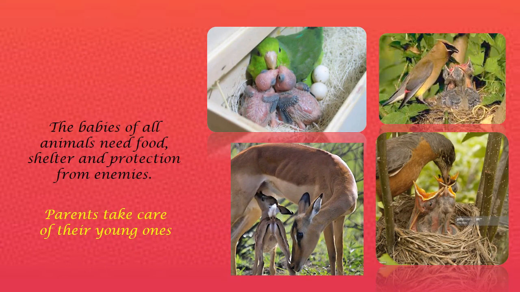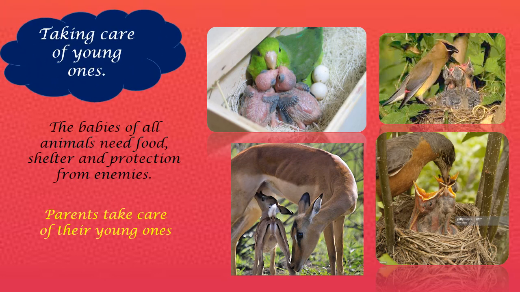Now, once the baby is born, what is the basic thing that has to be done? Taking care of the young ones. That is what I discussed in the previous slide too. The babies of all animals need food, shelter, and protection from enemies. Yes. So as humans we have a home, a house. We have parents as well as elders like grandparents and many others to support us.